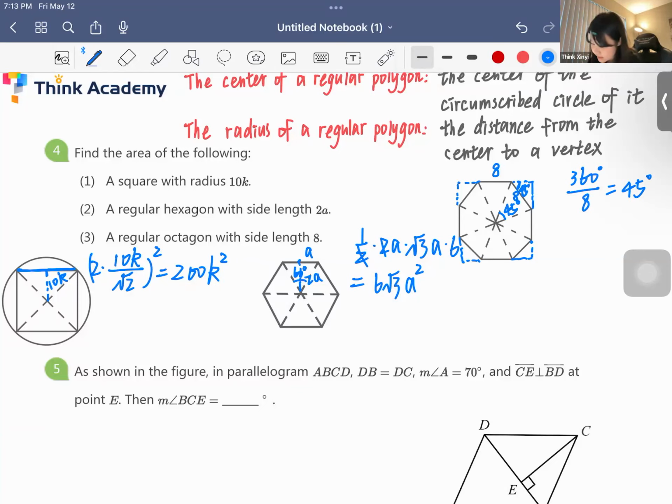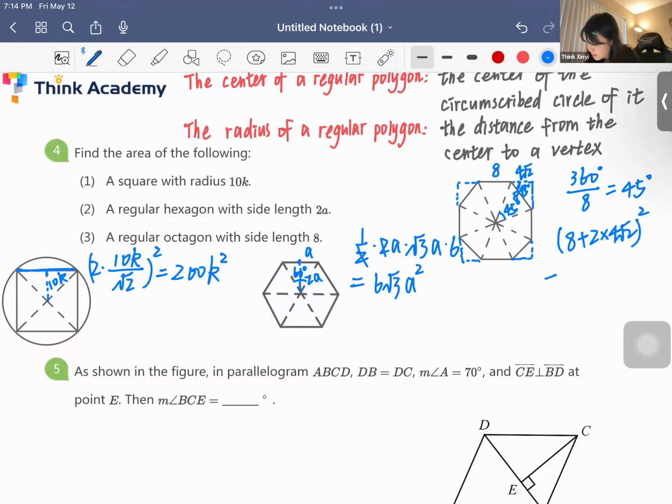the side as what? Okay, let me see. Let's see how we can solve it. If the side is 8, then the triangle side is 4 root 2. So for the bigger square, the side should be 8 plus 2 times 4 root 2, and its area is that squared.